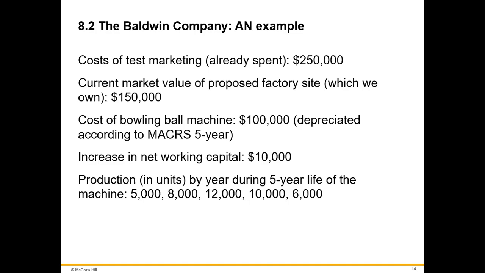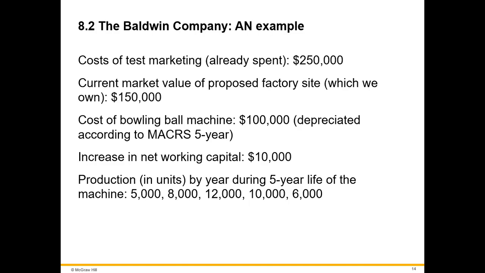Of course, some people at Baldwin complained about the cost of test marketing, which was $250,000. That's a sunk cost. That was already spent, and it has nothing to do with incremental cash flows from making the bowling ball.